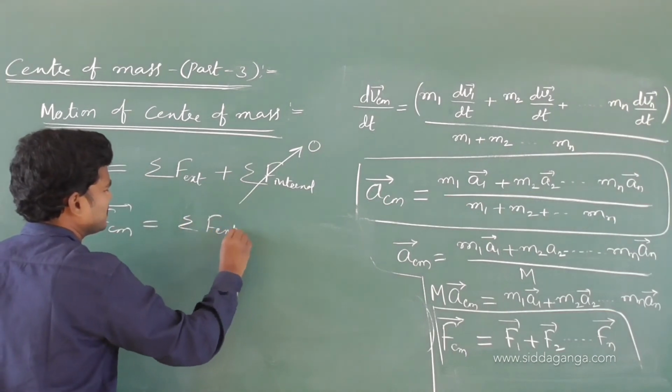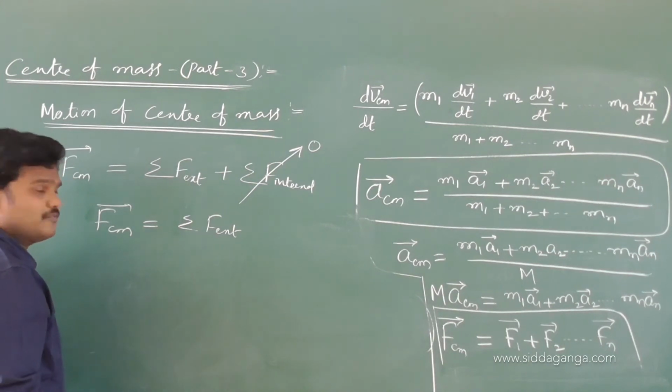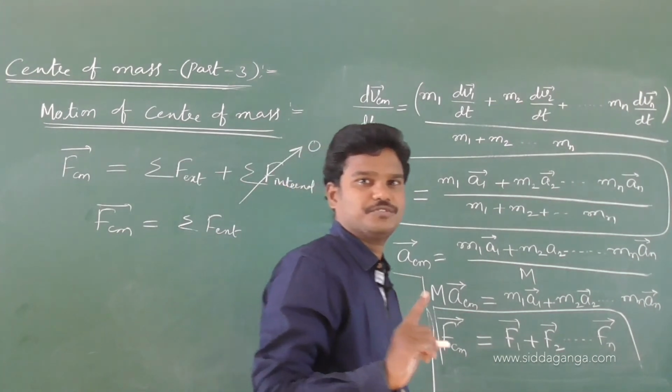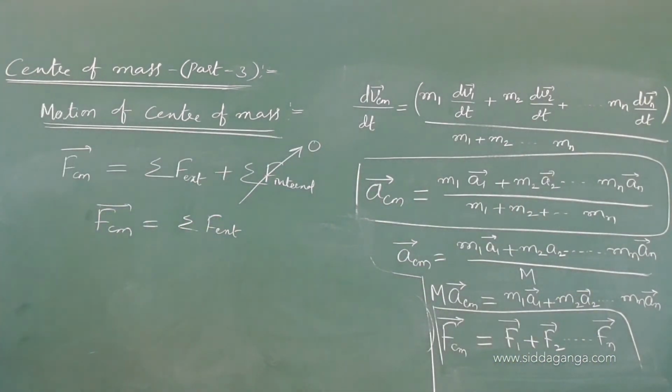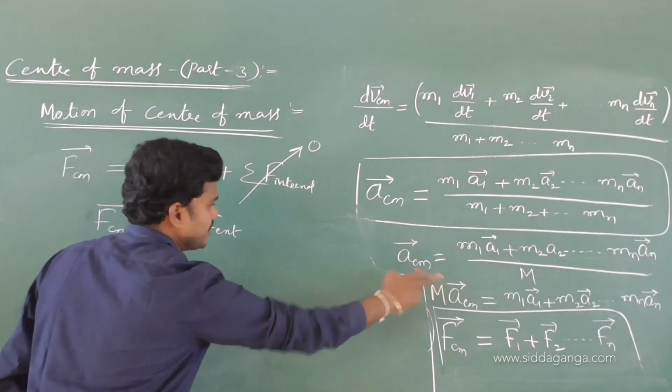Okay. So, this FCM bar is nothing but F external, only external force. Okay, summation of external force. So, FCM bar is equivalent to only external force. And this F external is equivalent to M into ACM bar.